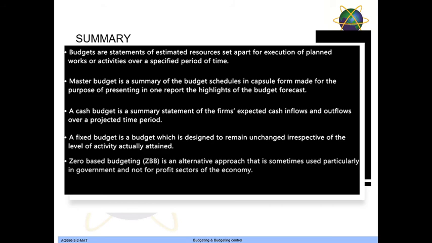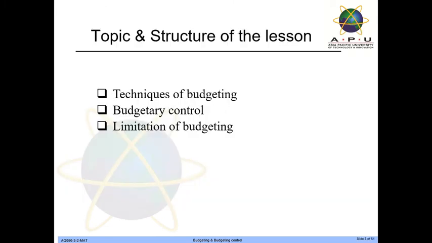A cash budget is a summary statement of the firm's expected cash inflow and outflow over a projected time period. Fixed budget is a budget which is designed to remain unchanged irrespective of the level of activity actually attained. And zero-based budgeting is an alternative approach that is sometimes used, particularly in government and not in the private sector.